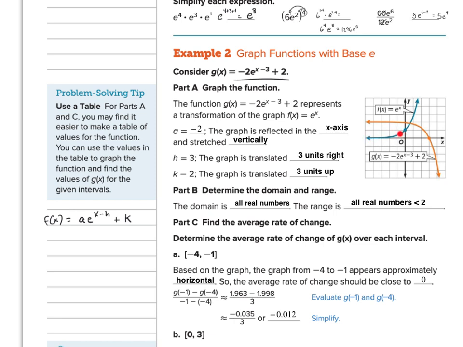So the range for the parent function is going to be for all values such that y is greater than 0. And in this case, since we translated it up 2 and it goes downward, its range is going to be for all real numbers less than 2, because 2 is going to be its asymptote, that thing that it approaches but never touches.